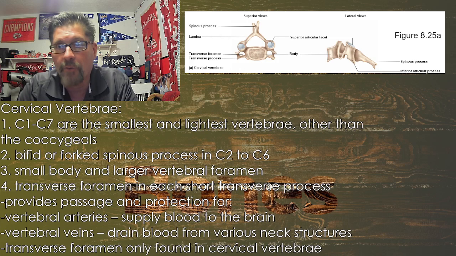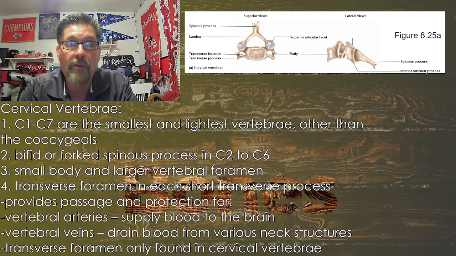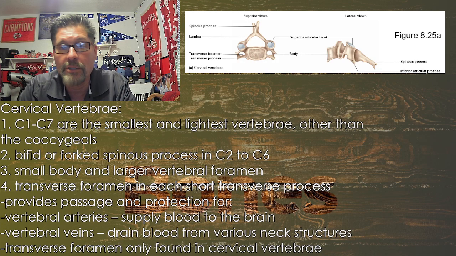You can see that little forked aspect to it, and when you look at the side view, there's a little bit of downward arch on that far side. But when we get to the thoracic and the lumbar, you'll see how that varies, and again, it's all purposeful.